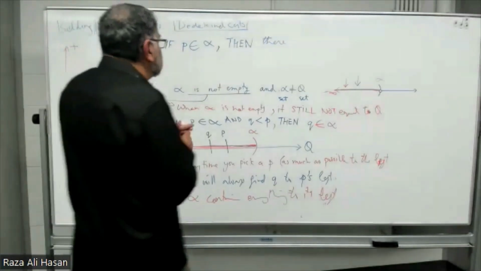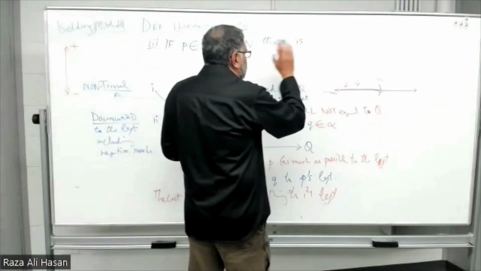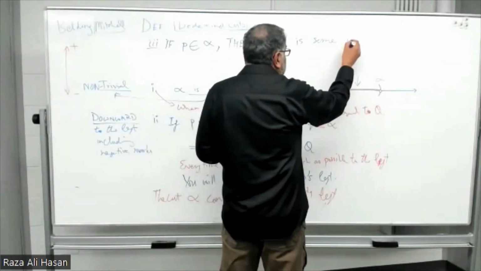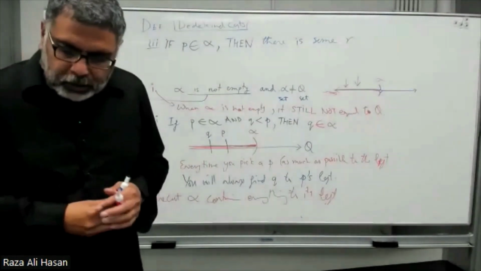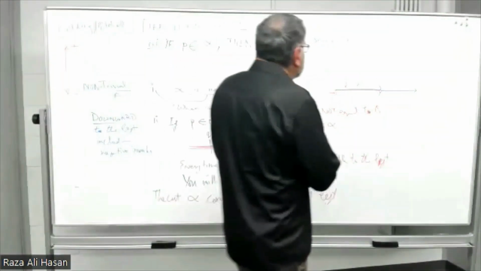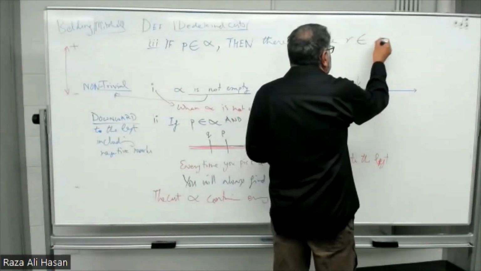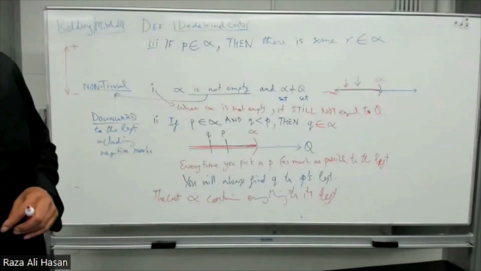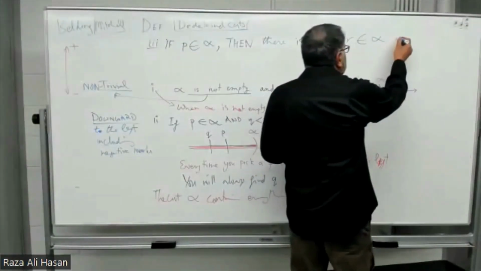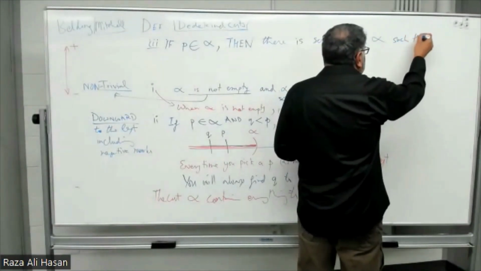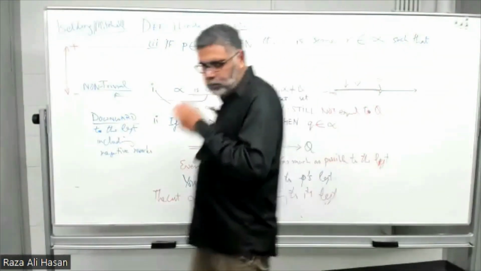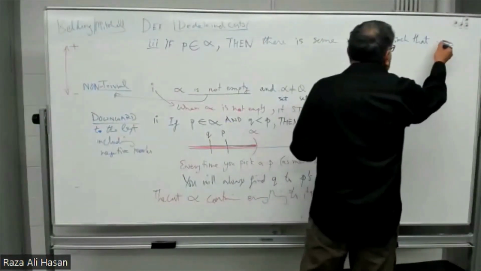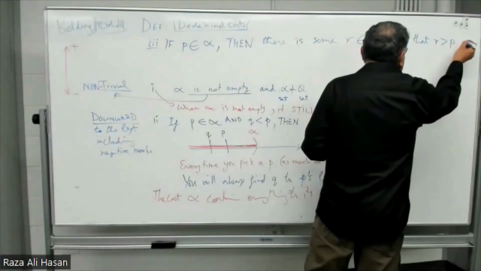Then there is, and we now know what all this means, then there is some R that also belongs to alpha such that R is greater than P.